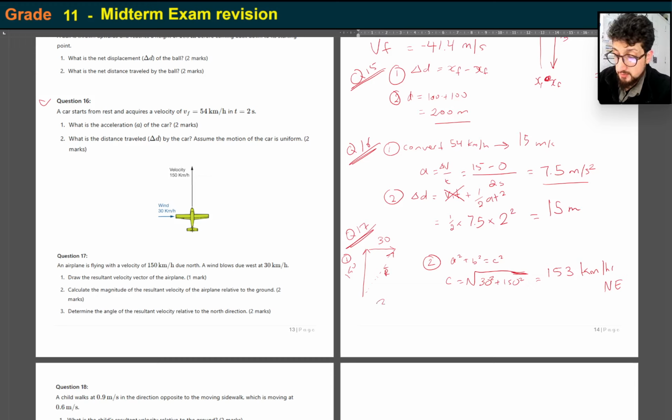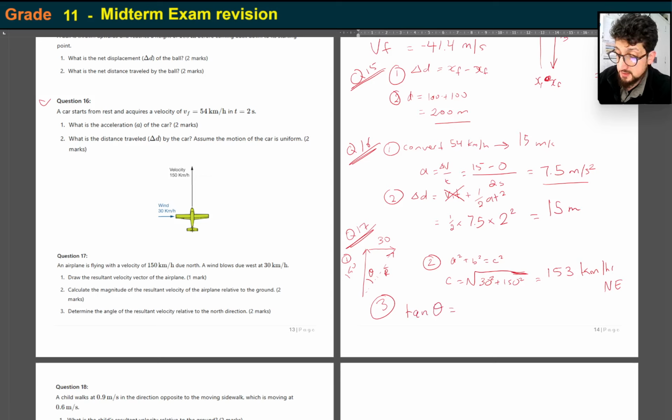Okay, and number 3, determine the angle of the resultant velocity relative to the north direction. So relative to the north direction, we want the angle, so that's going to be that. That's the opposite, that's the adjacent. Tan would be the one to go for here.